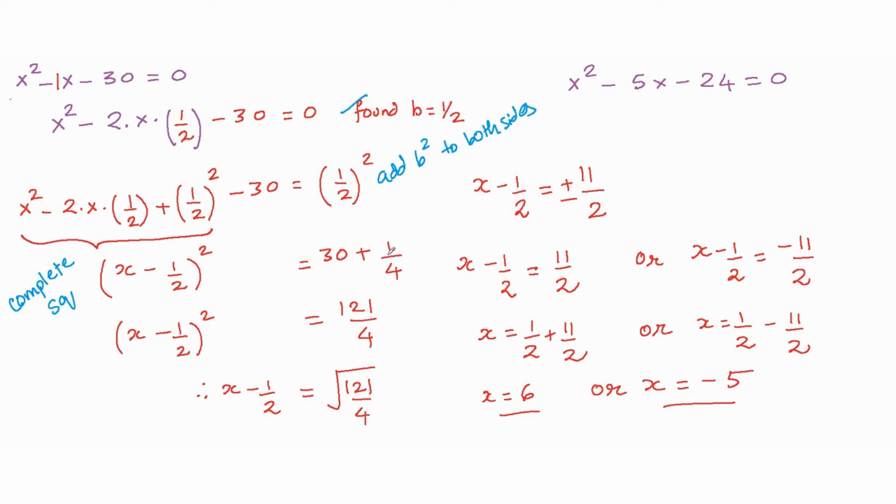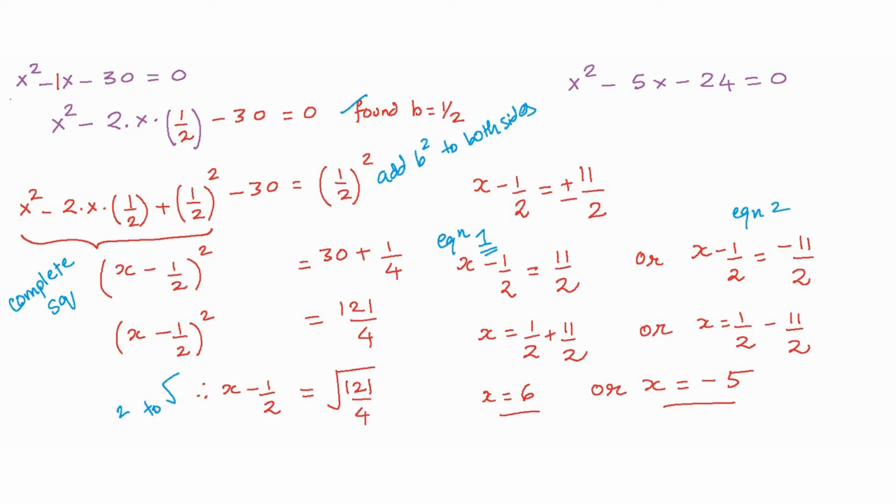So over here, because this involves addition with fractions, I found the LCM and I merged the terms. And then I shifted the square to the other side as square root, right? This is what I did here. And then I wrote the two equations separately. So this is equation 1 with a positive 11 by 2 as the root, and this is equation 2 with a negative 11 by 2, and then I simplified for the value of x.